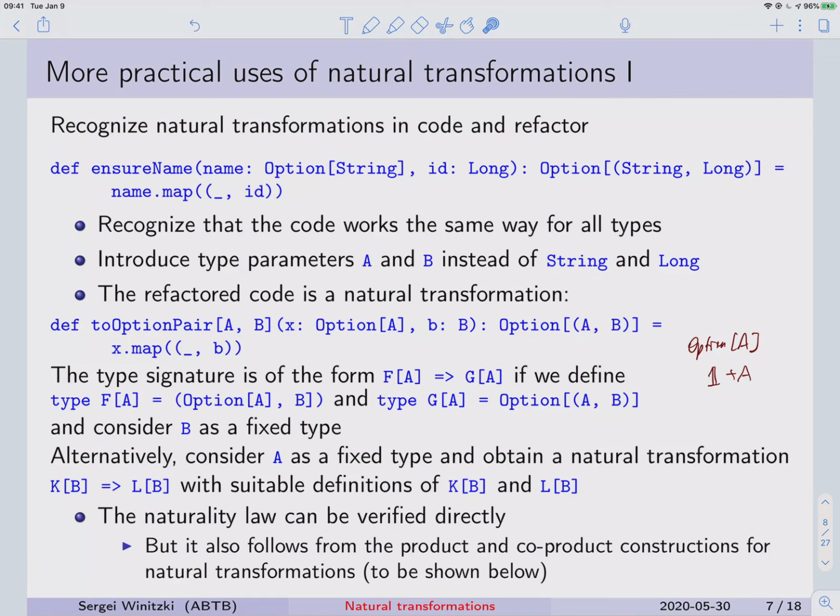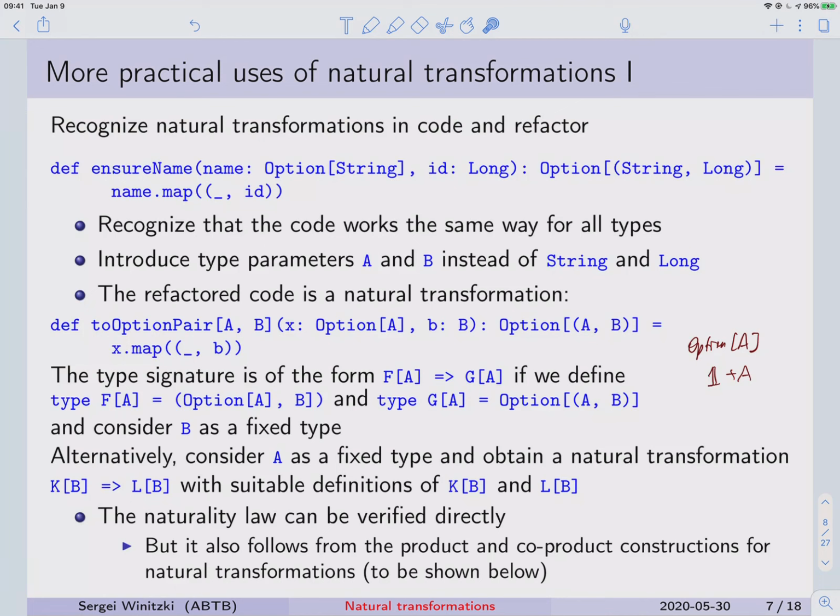But actually, we will see later that there are general constructions for natural transformations, which you can prove once and for all, and then you don't have to check every time. It's made out of option, pair, and all of these things preserve natural transformations. So you don't really need to check the laws by hand in every such case.